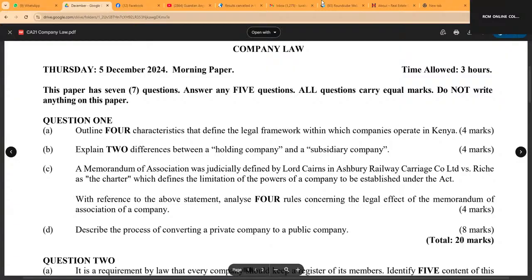The subsidiary company will prepare independent books first. Then they can consolidate and put them together, and this will be undertaken by the parent company. So that's also a difference you can mention.